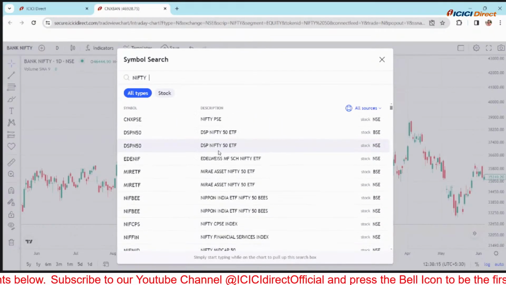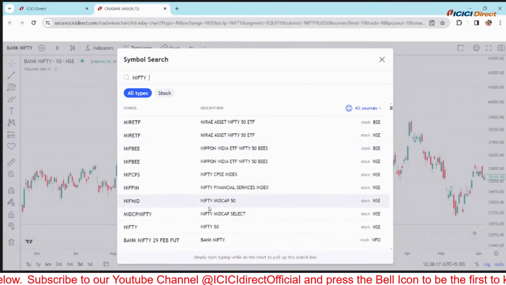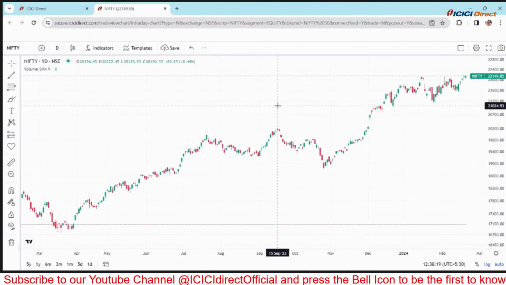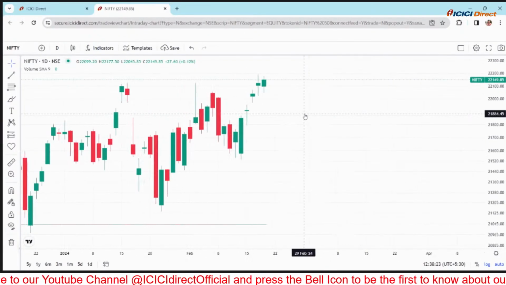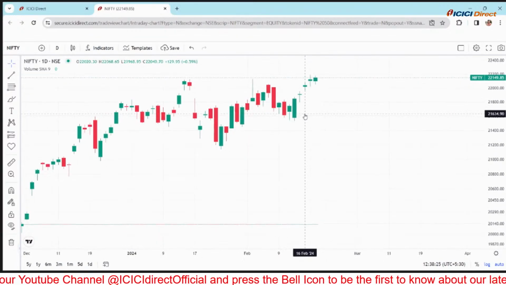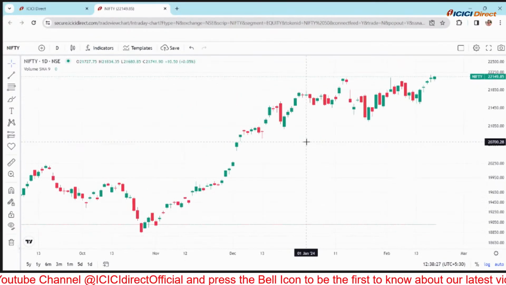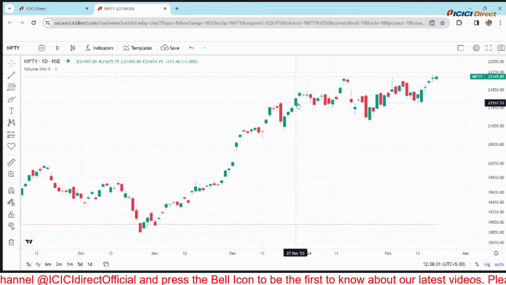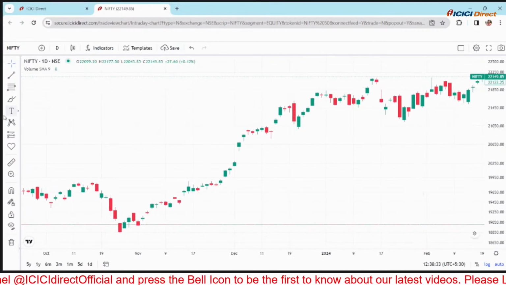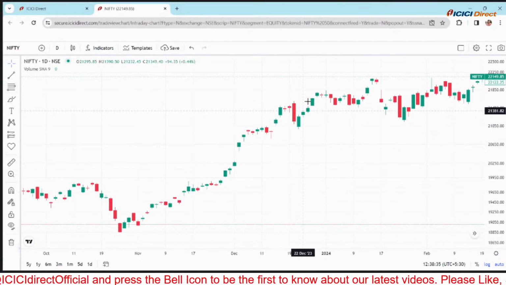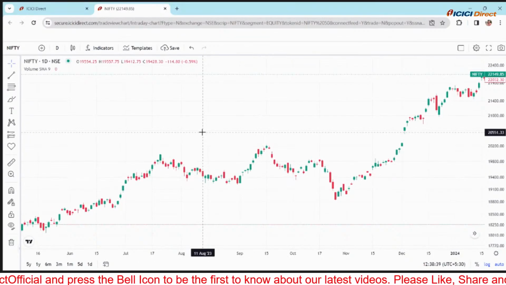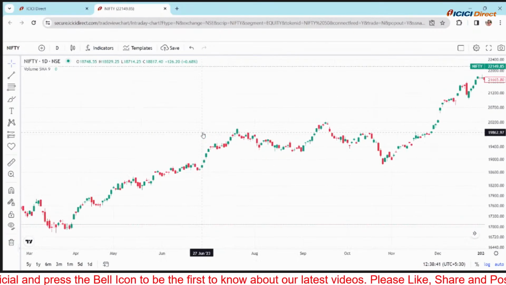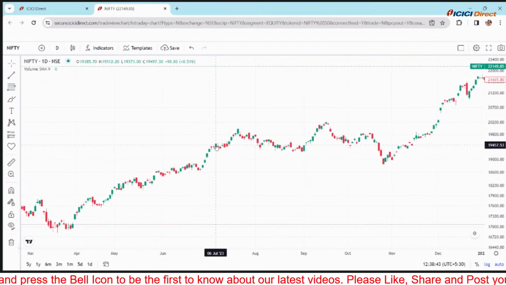Okay, let's see if we can spot one here. We'll try to find an uptrend first. The high was broken here, so this doesn't qualify. The high was broken. This doesn't either.